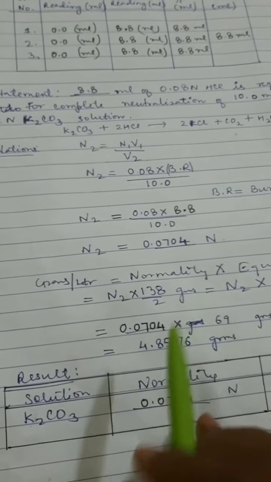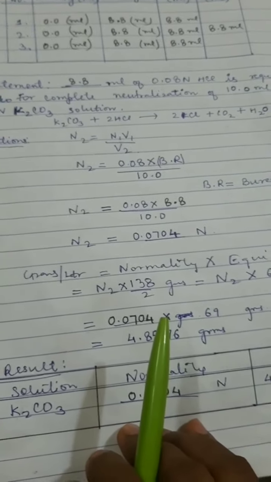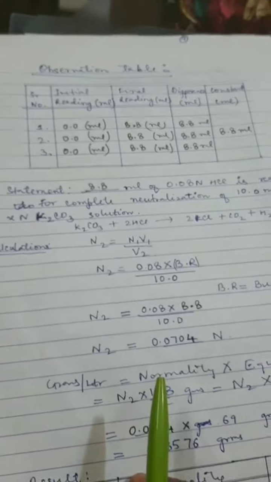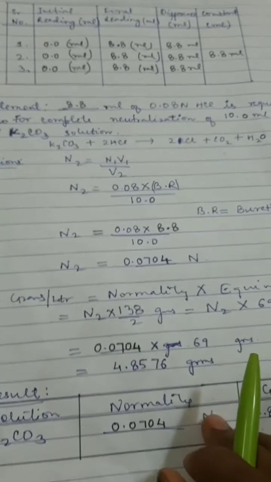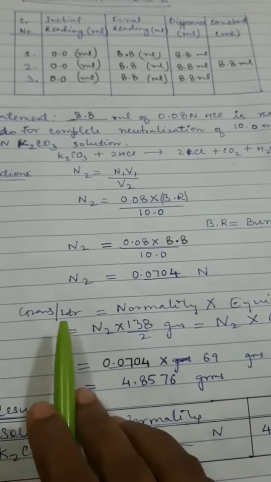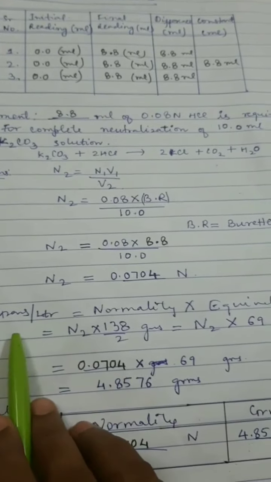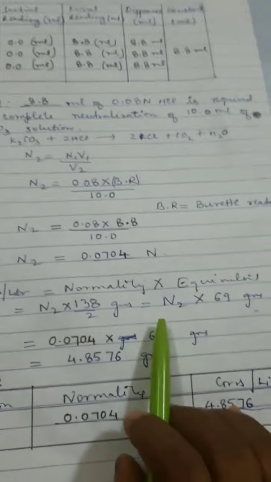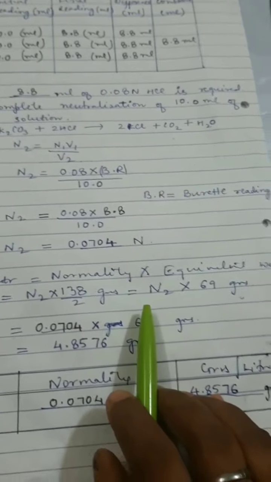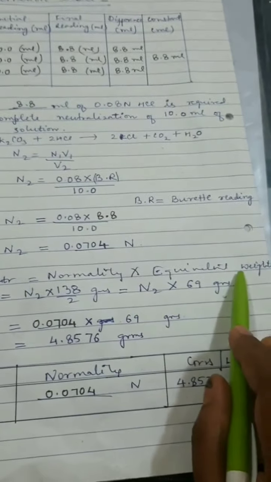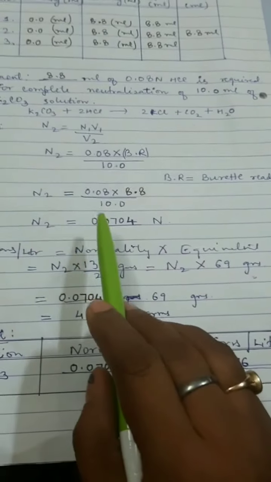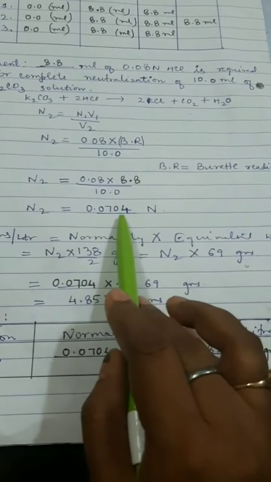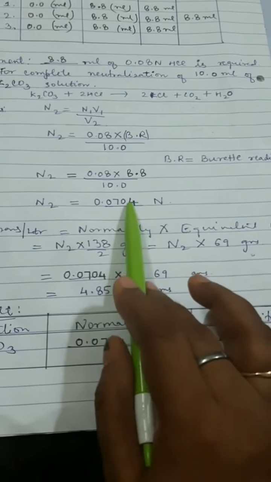Now the second thing we have to find out is the strength of the solution, that is in grams per liter. We find the strength in grams per liter. For that we will use the formula normality into equivalent weight. So here normality is the normality of K2CO3, which we have found in the first part.